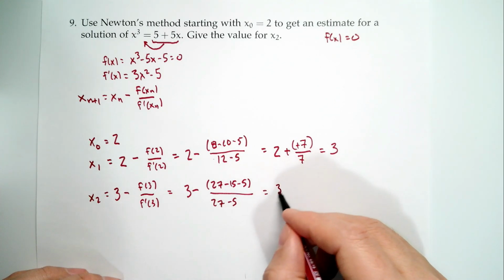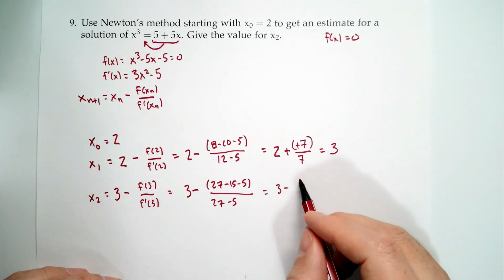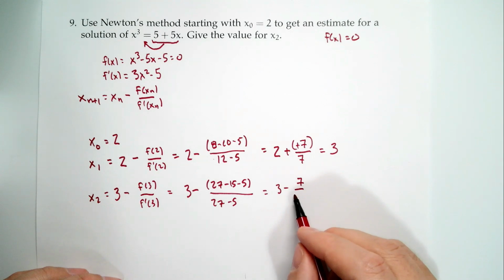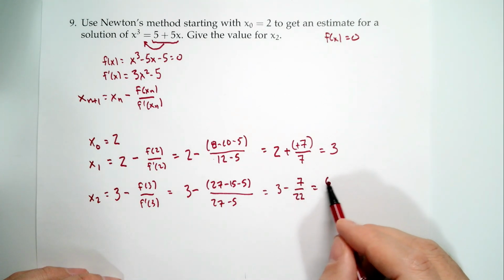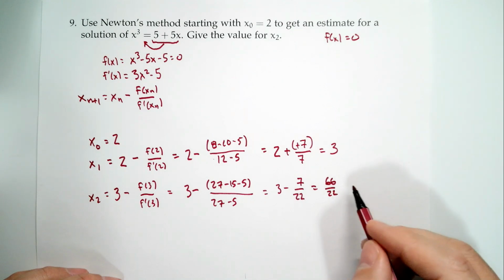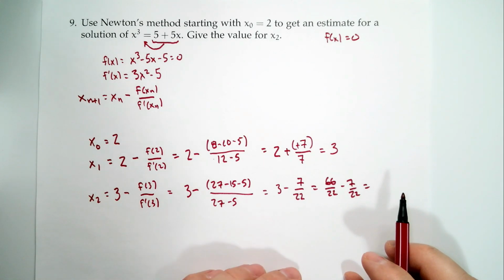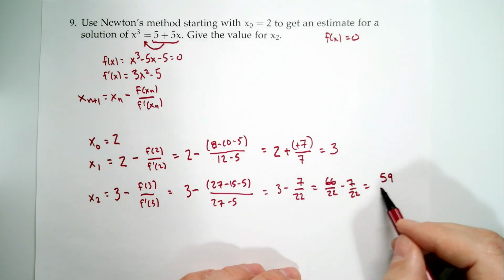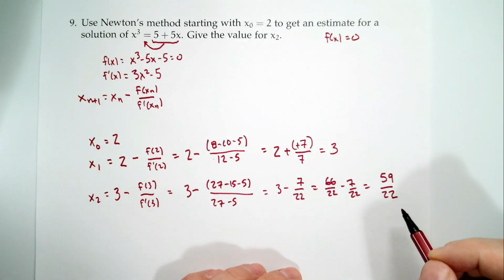So what's that? 3 minus, so it's 27 minus 20, so that'll be 7. And 27 minus 5 is 22. Now I can get a common denominator: 66 over 22 minus 7 over 22, which equals 59 over 22. And they don't have any common factors.